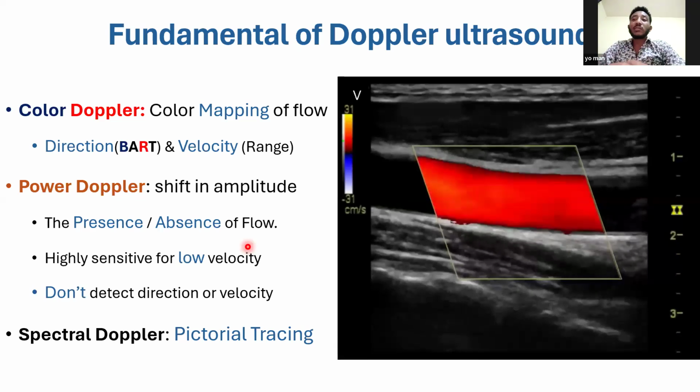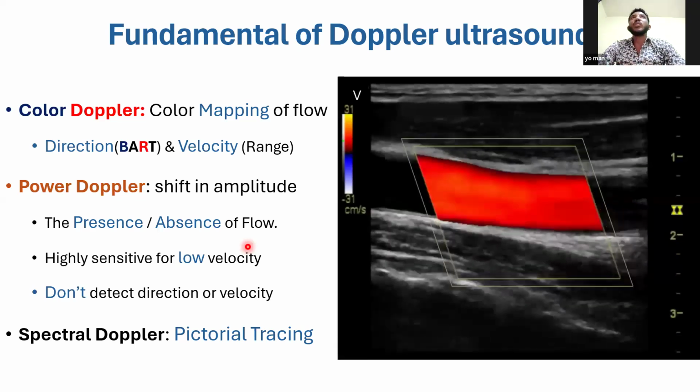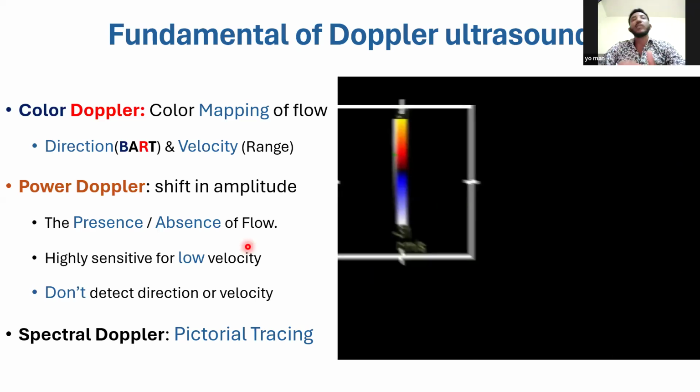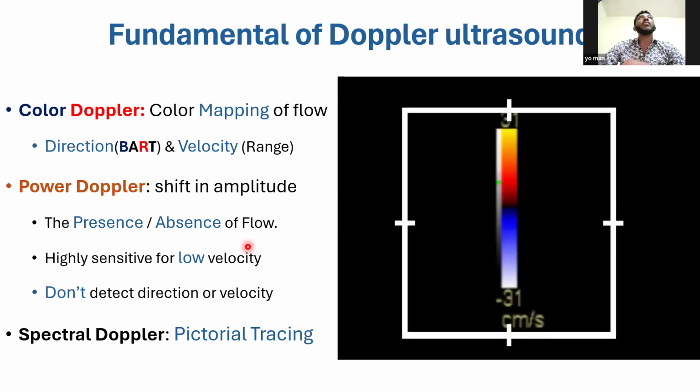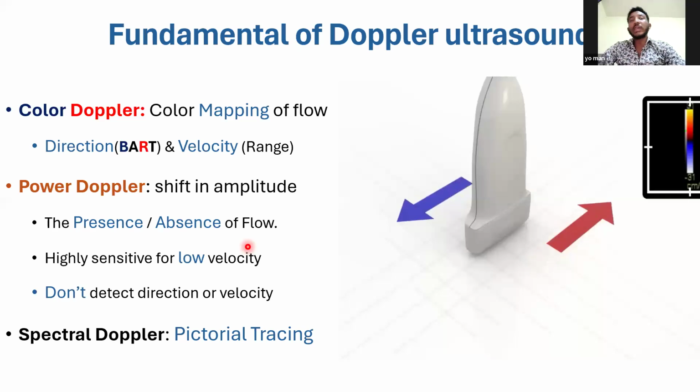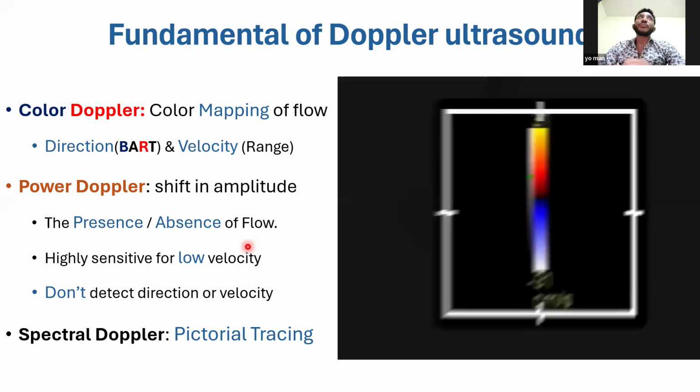Actually, in recent days, the latest machines include directional power Doppler, but it's out of the scope of this lecture, and we are going to say that power Doppler is only a shift in amplitude. It's best for slow flowing vessels, but it doesn't detect color flow.